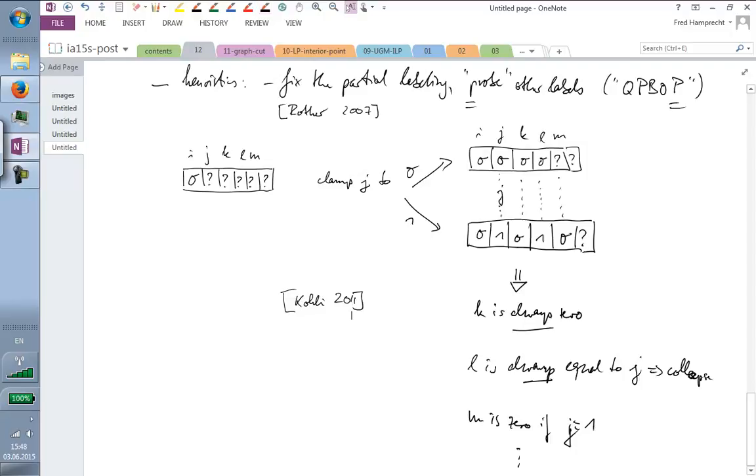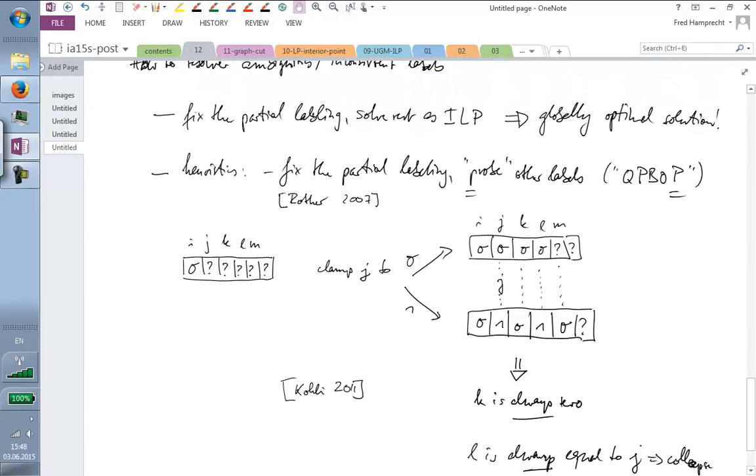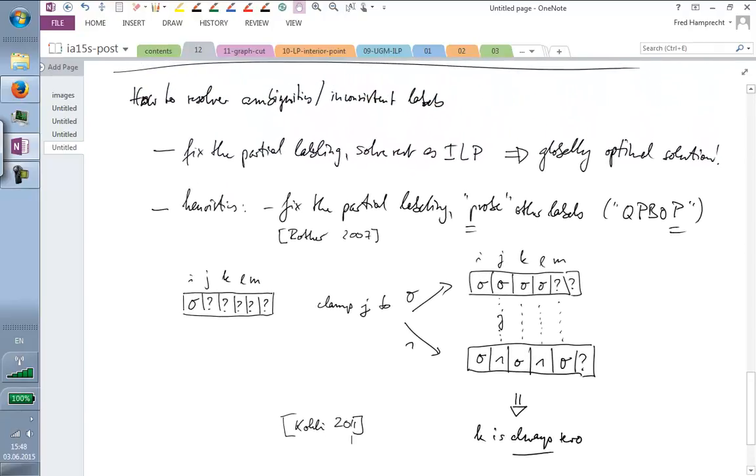Such heuristics can be used in the hope that by flipping some of the nodes or fixing them to a certain label, we will remove as many of the question marks as we can, and then learn something from that. However, if you can afford to solve the remainder as an ILP, then this is always preferable, because then you know that you have the global optimum.